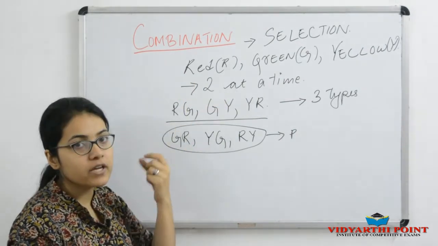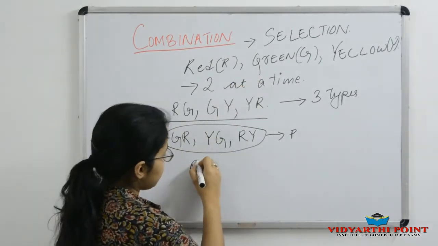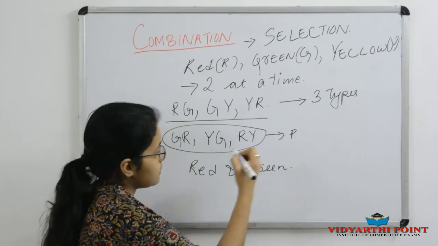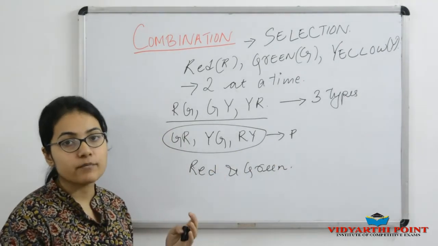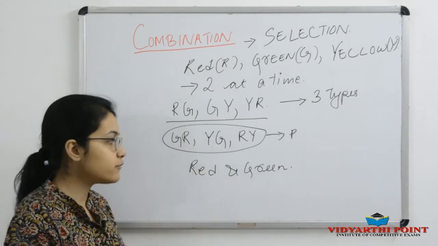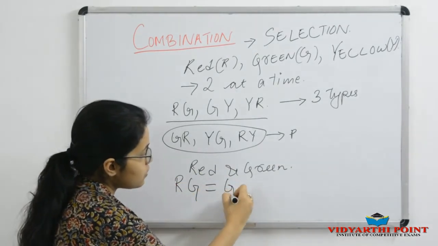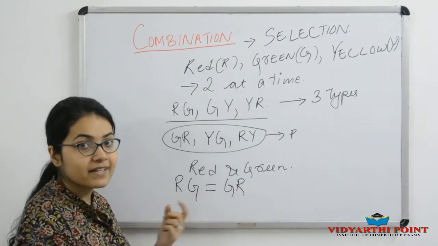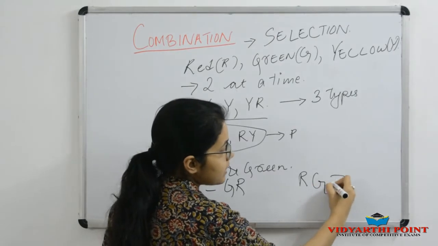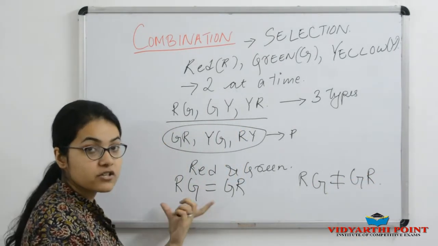Out of these 3, suppose you have selected red and green. Here the order is not important, whether you have selected green at first or red at first. So here red and green is equal to green and red. Whereas in permutation these were not the same, but in combination these 2 are the same.